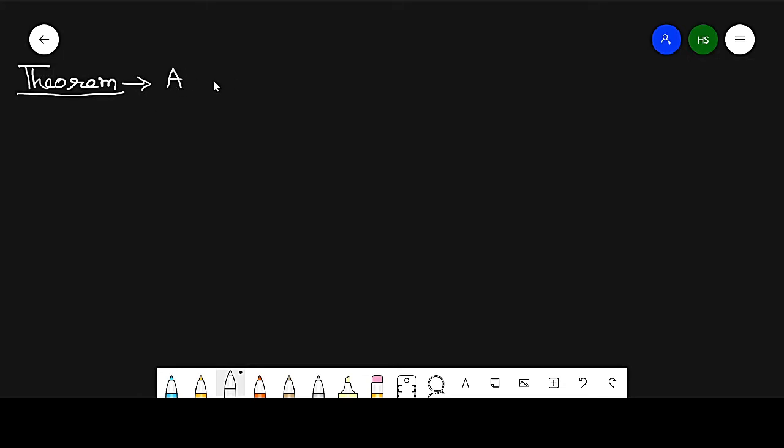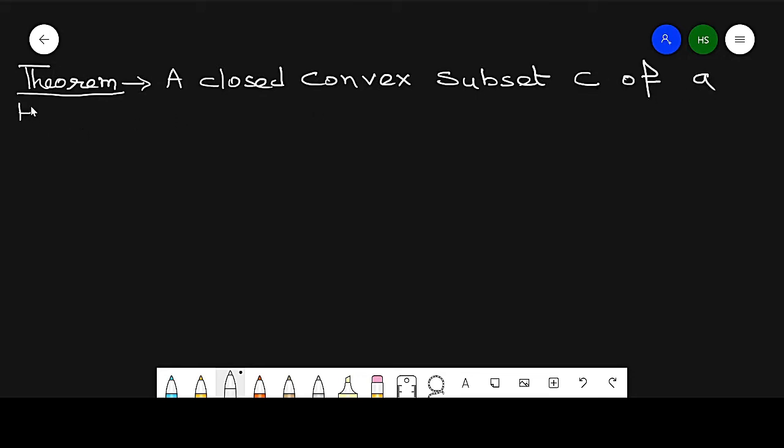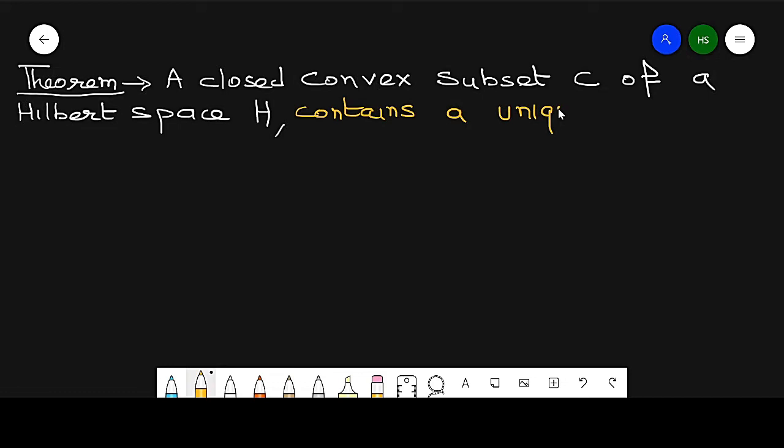A closed convex subset C of a Hilbert space H contains a unique vector of smallest norm.